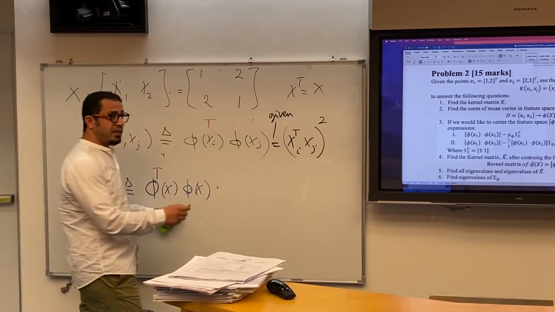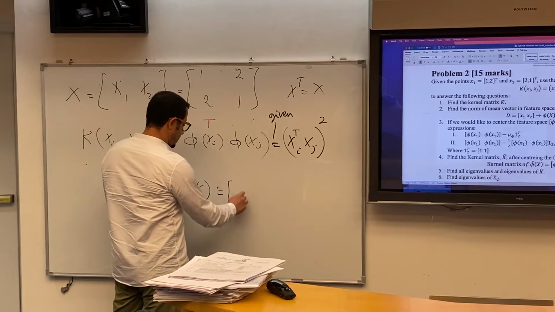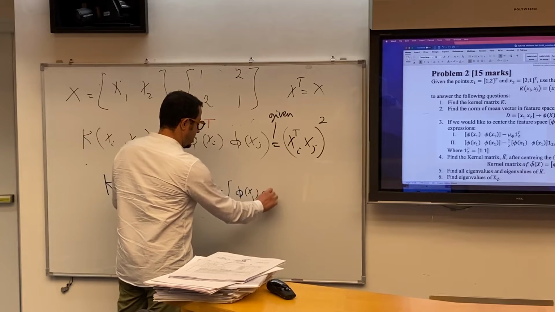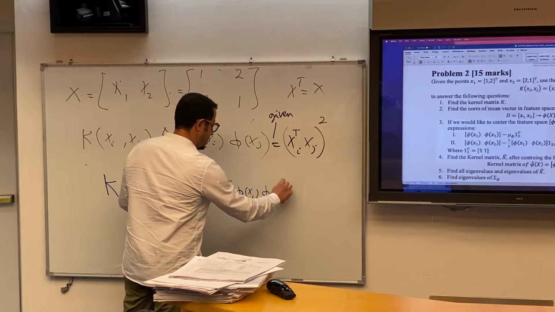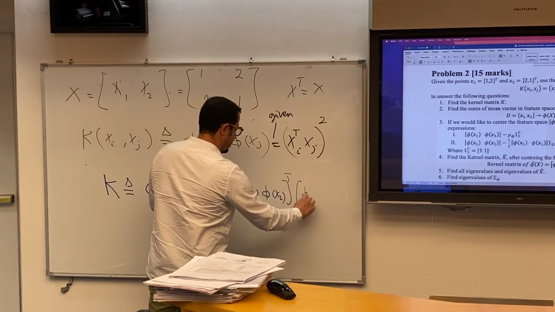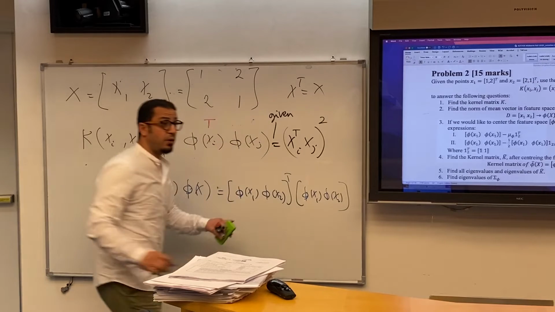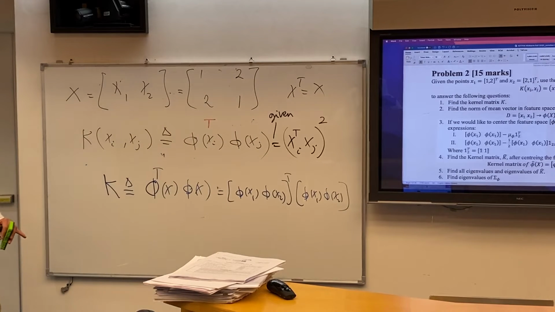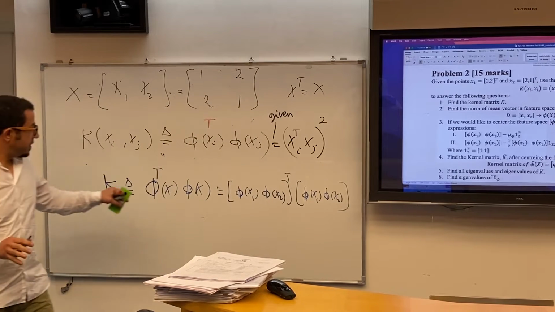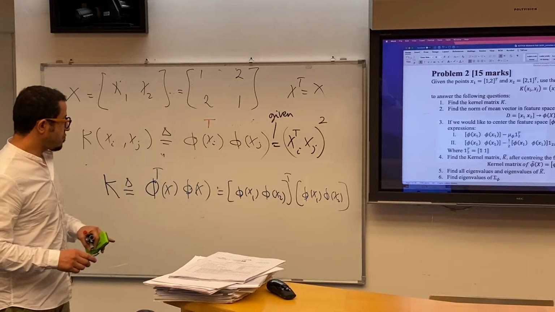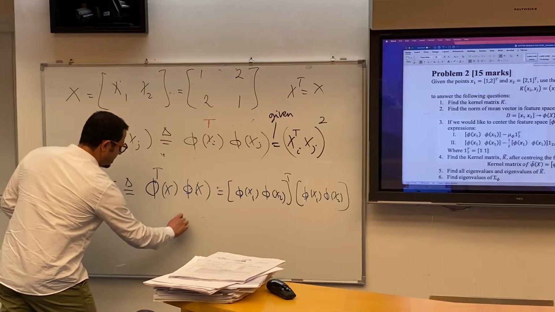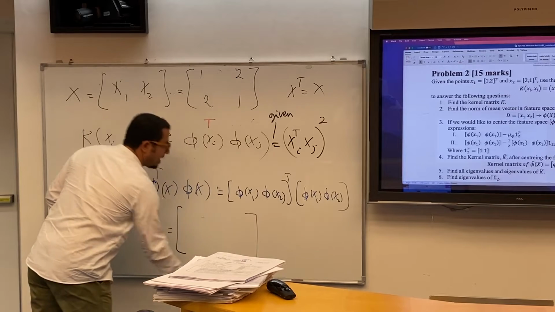What is phi of X here? Phi of x1, phi of x2, transposed, times. Clear for all? By definition, right? And of course, this is okay. Let's calculate this one.